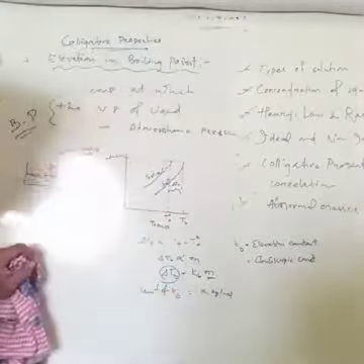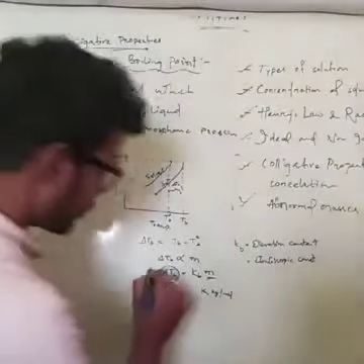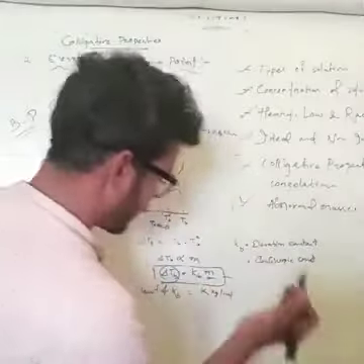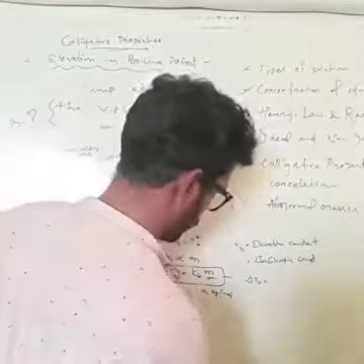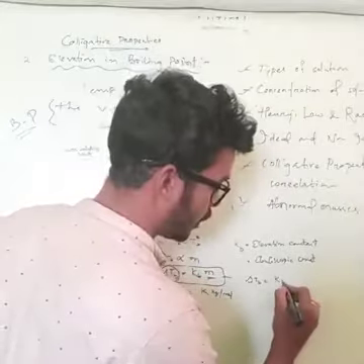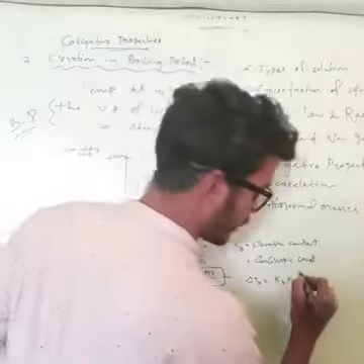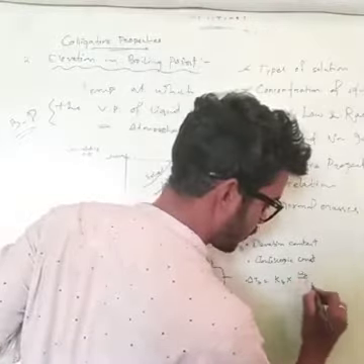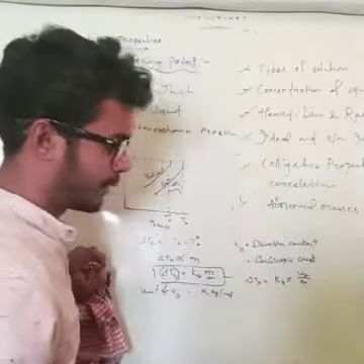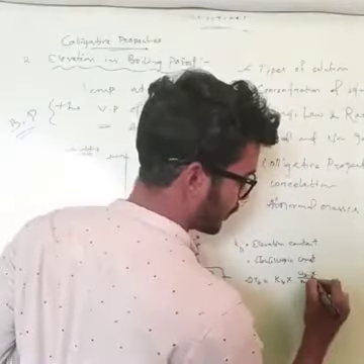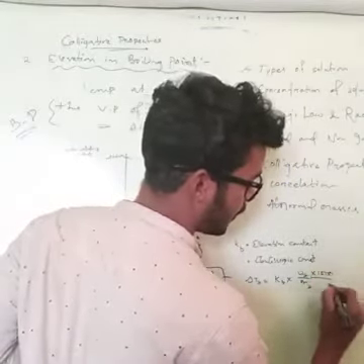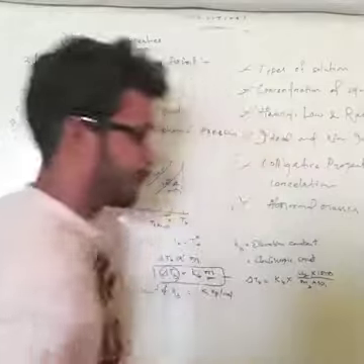This equation can be written as delta TB equals Kb into W2 by M2, the weight of solute by its molar mass, into 1000 by W1.